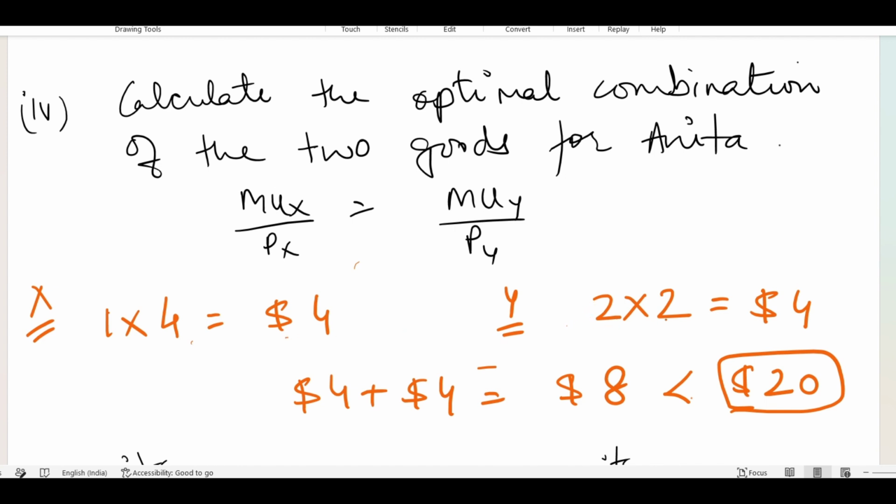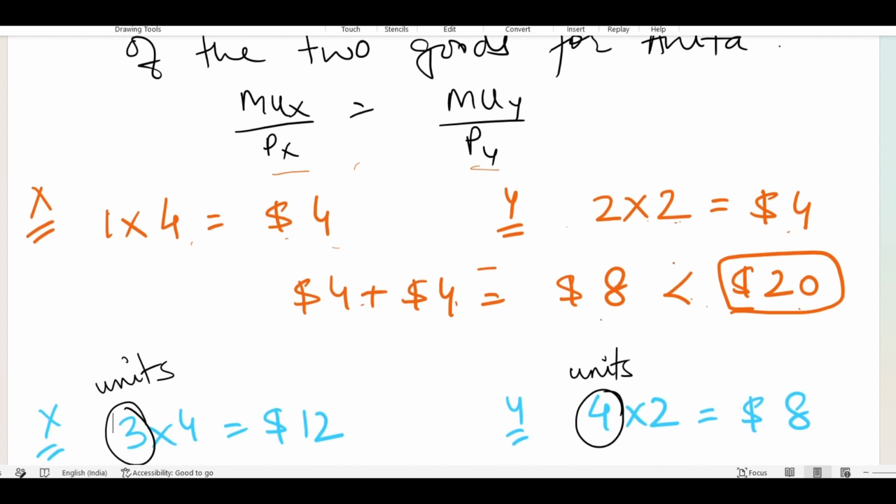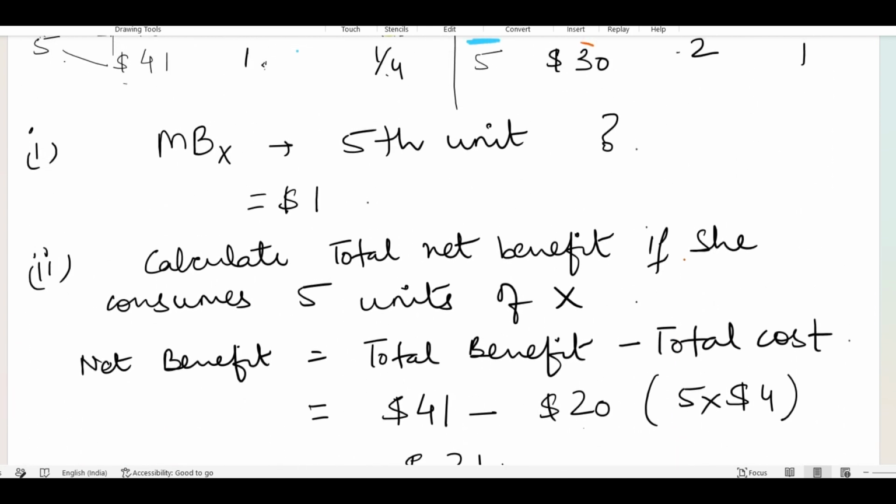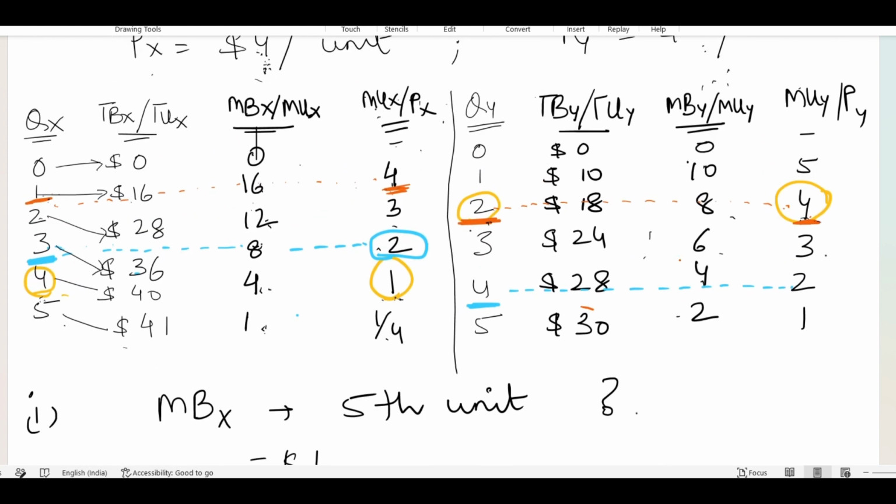And for Y, 2 units multiplied by the price of good Y, which is $2 per unit, gives me 4. 4 plus 4 is 8, which is less than $20. So this is not the optimal combination for Anita, in spite of the fact that these two ratios are equal to one another. Similarly, you just have to look out for different combinations like this that would also satisfy the income level, the budget that has been given to you.